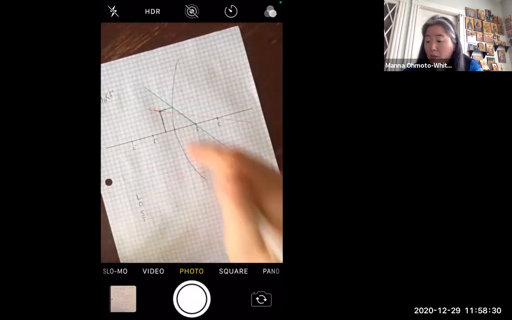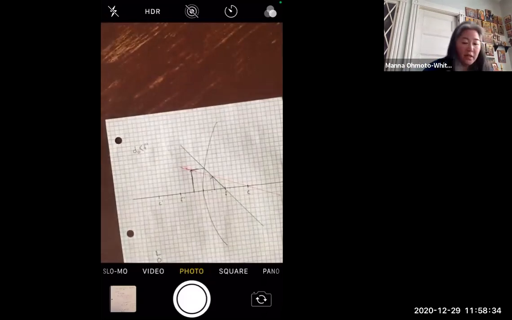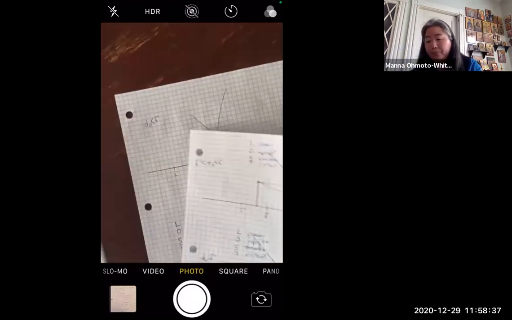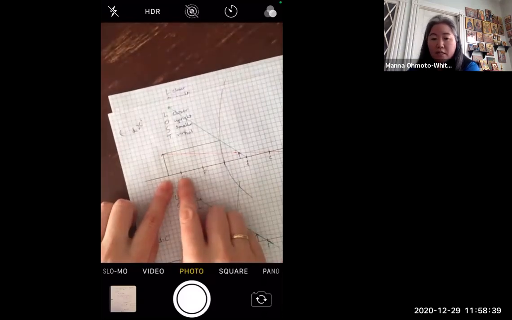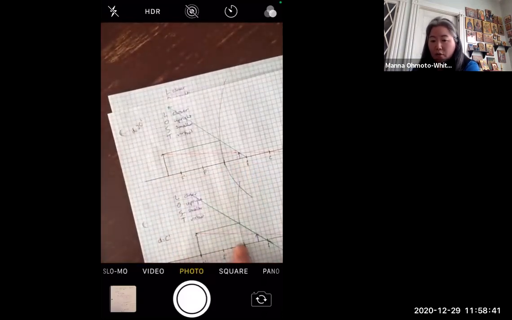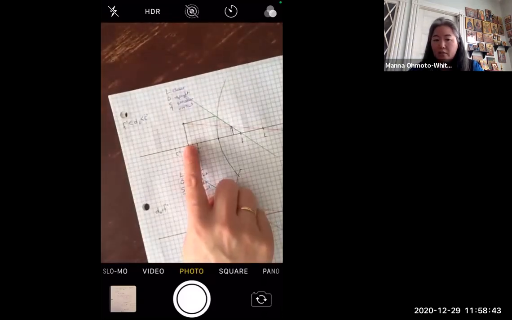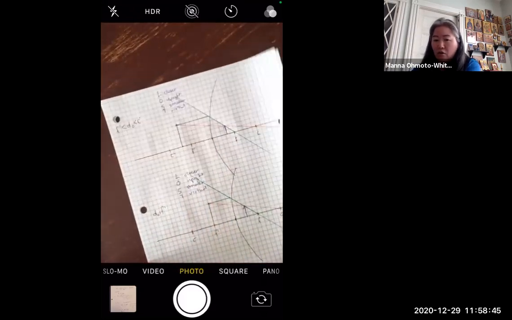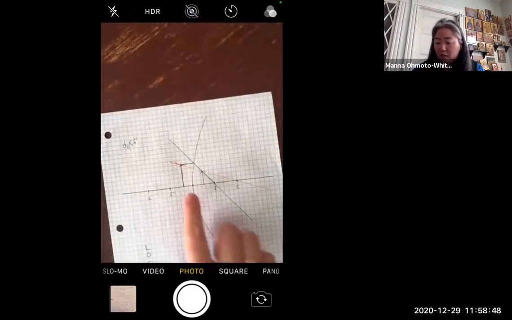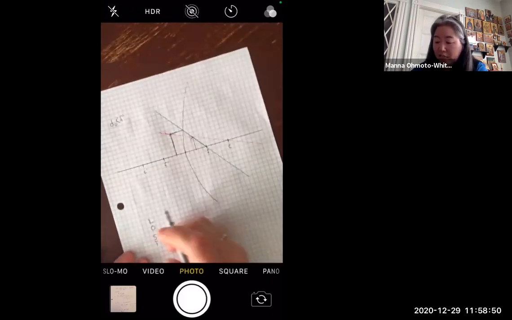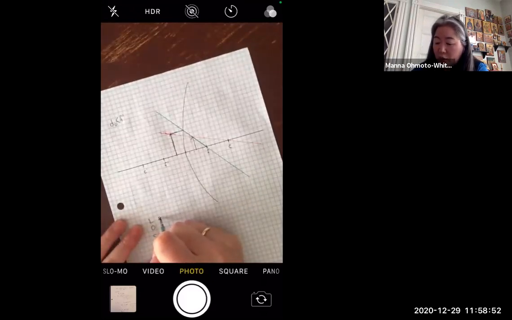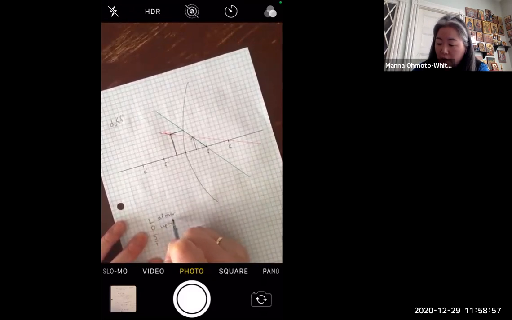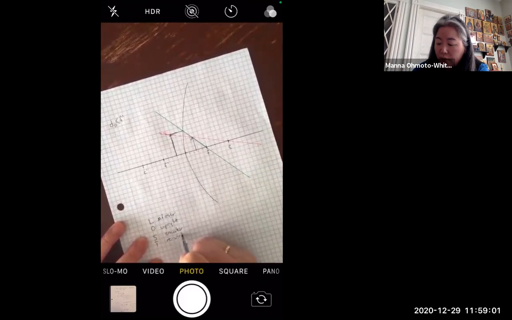Wow, no, always, no matter where my object is, whether I am far away from the center, getting closer, bringing my object even closer, here, right now my object is right up against the mirror, and I still have the same. My object is closer to the mirror, it's upright, it's smaller, and it's virtual.